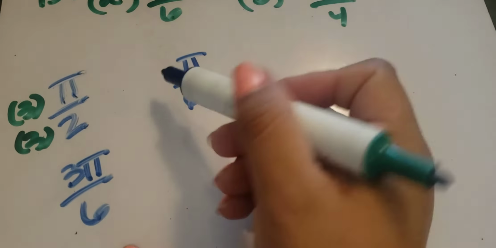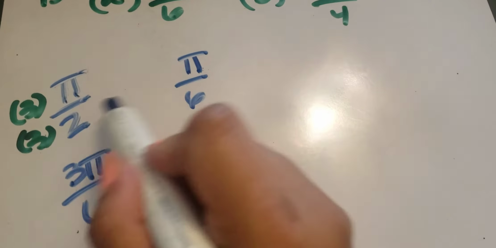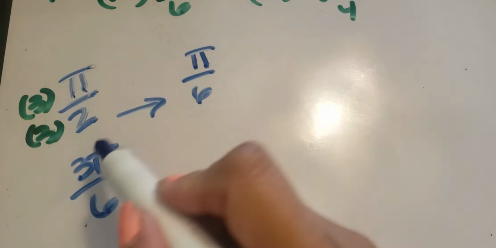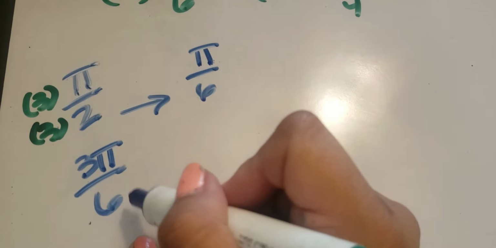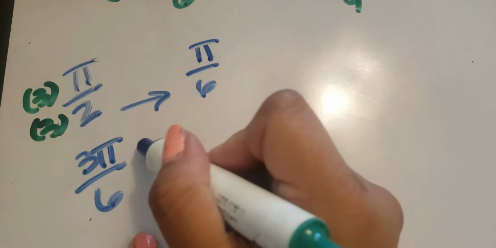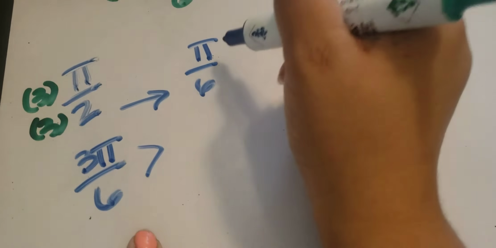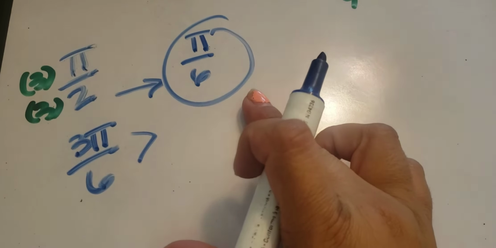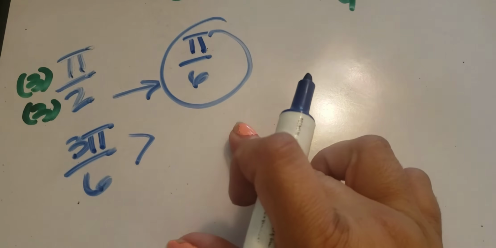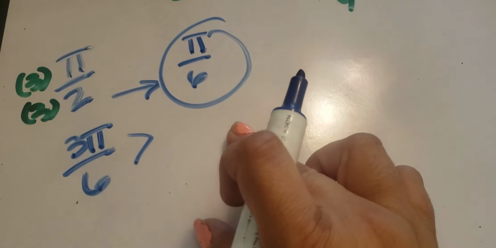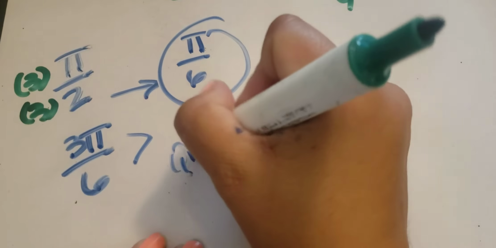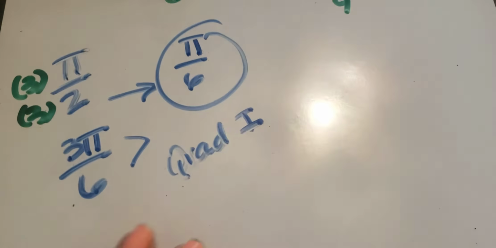Sorry, I'm not saying that these two equal each other. I'm just trying to find the equivalent, because I want common denominators. So 3 pi over 6 is greater than pi over 6, which means this must still lie in quadrant 1. So for 13a, it would be quadrant 1.